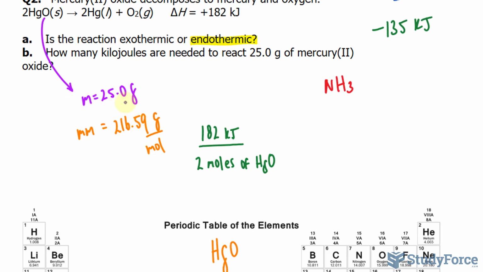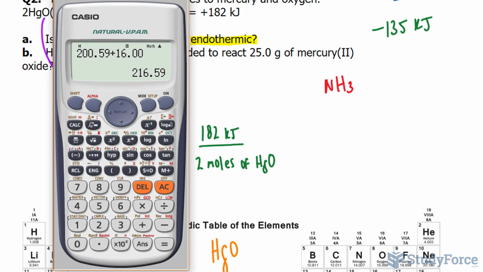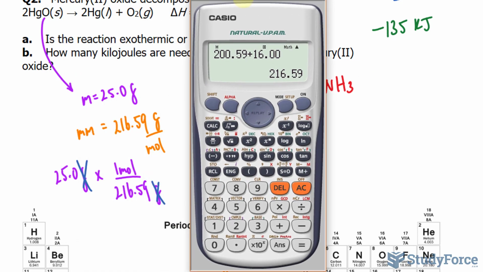I'll be multiplying this number to this number, but again, this one will be flipped. So 25.0 grams times 1 mole at the top and 216.59 grams at the bottom. This will cancel out with that. 25.0 divided by 216.59. That's the amount of moles.